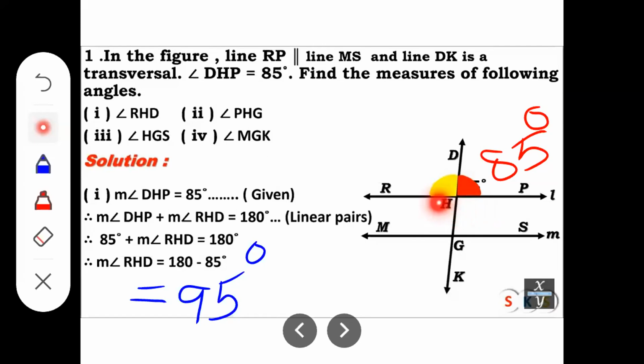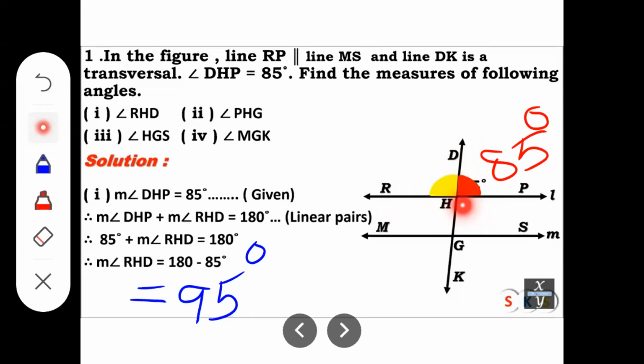And one more property we can use, that this angle, angle DHR. Yeah, before we have written it as angle RHD. Now this angle is vertically opposite. Okay. So we know the property that vertically opposite angles are congruent to each other.